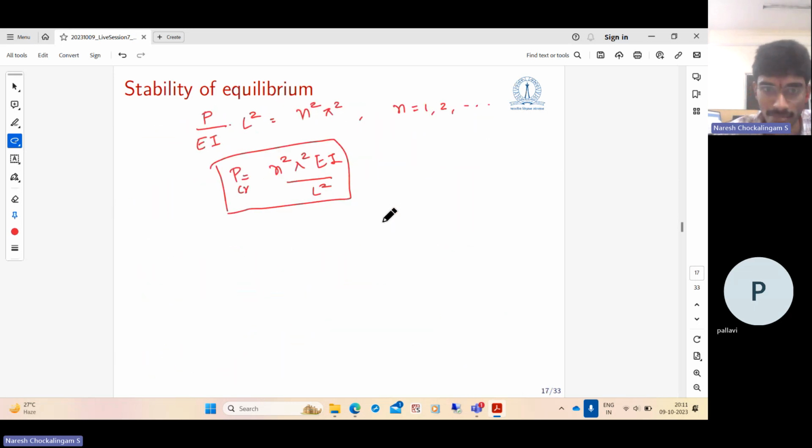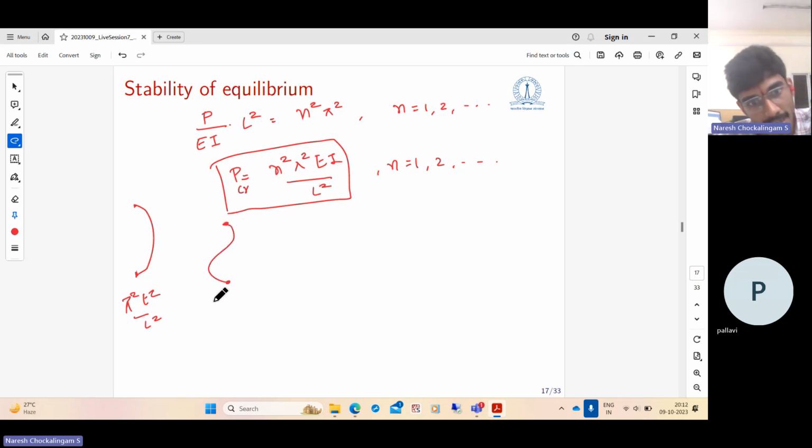P critical is equal to n square pi square EI by L square, where n is equal to 1, 2, and so on. So you see that there are multiple values corresponding to different shapes. If the shape is like this, the critical value is pi square EI by L square. If the shape is sin 2 pi x by L, something like this, then the critical load is 4 pi square EI by L square, since n square is 2 square.